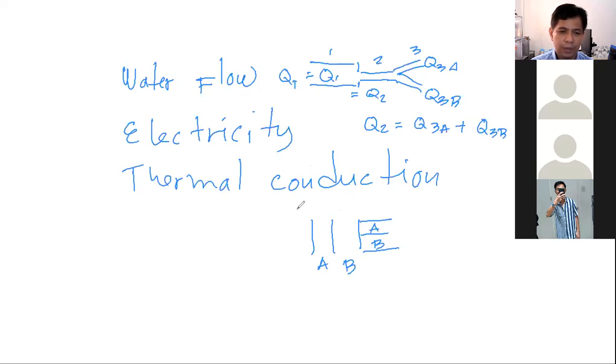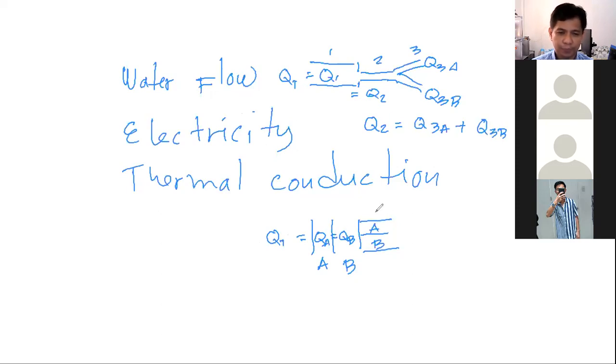So, ito yung Q total. Q din kasi yung symbol natin ng thermal conduction, ng heat flux, Q din. Yung QT, equal din siya sa QA. Tapos yung QA, equal din siya sa QB. Kamukha din lang sa water flow. Tapos pagdating dito, mahati din yung QB, no?